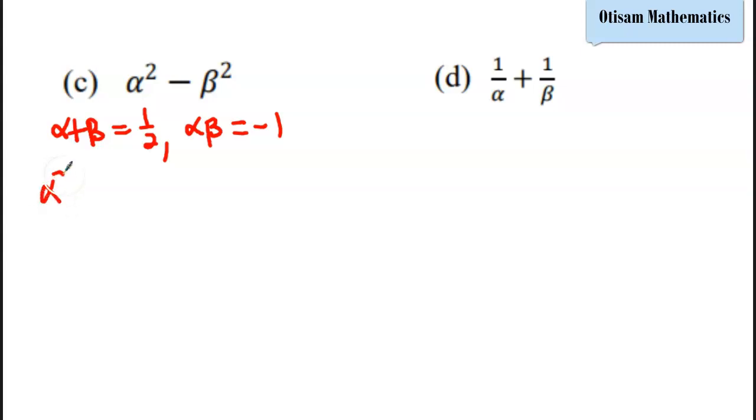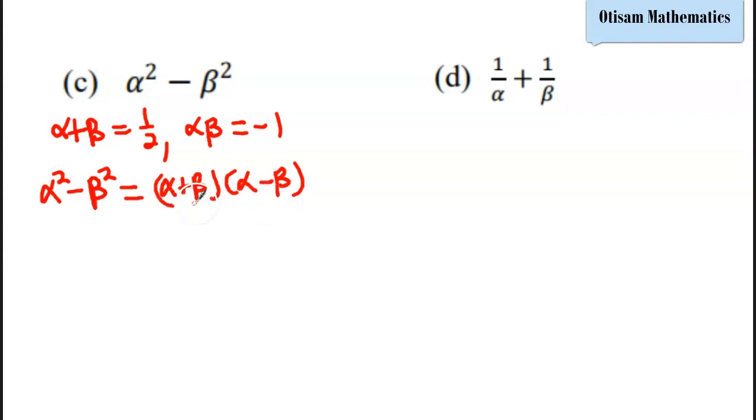So alpha squared minus beta squared, this is a difference of two squares. And our motive is we always have to express the symmetric function in terms of either alpha plus beta or alpha beta or both. So under difference of two squares you can write this one as alpha plus beta and then alpha minus beta. We are fortunate, we have found alpha minus beta.